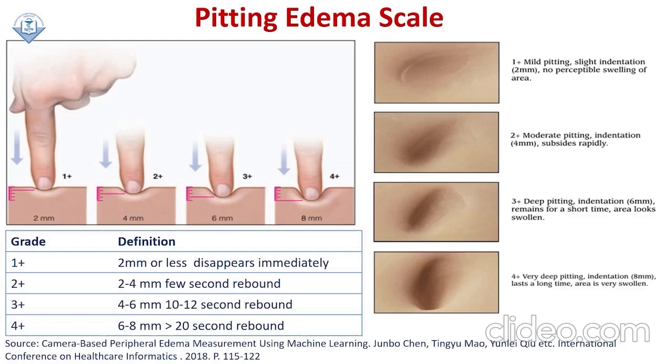It is deep pitting, remains for a short time and the area looks swollen. And grade 4 is when it is 6 to 8 millimeters and 20 seconds rebound and more. It is very deep pitting which lasts for a long time and the area looks very swollen.